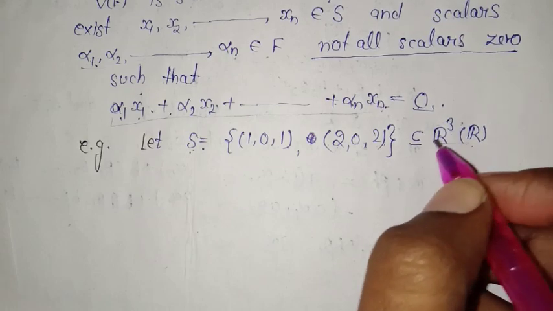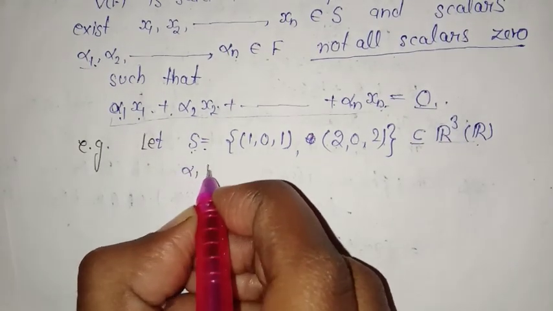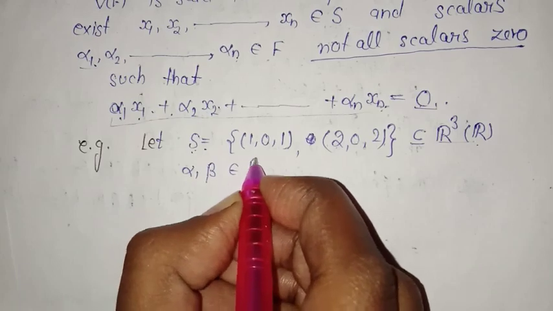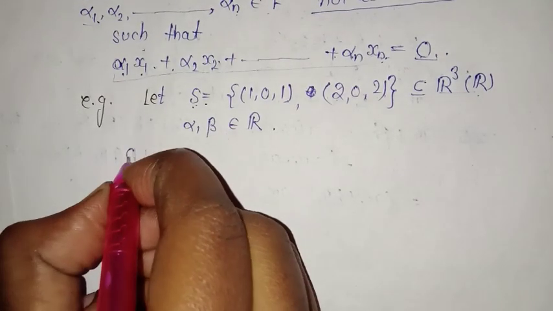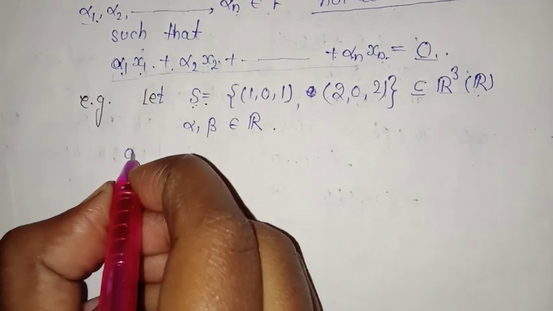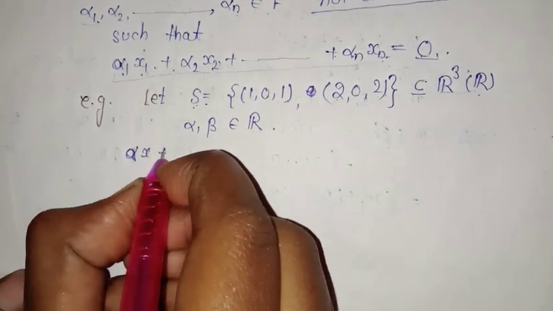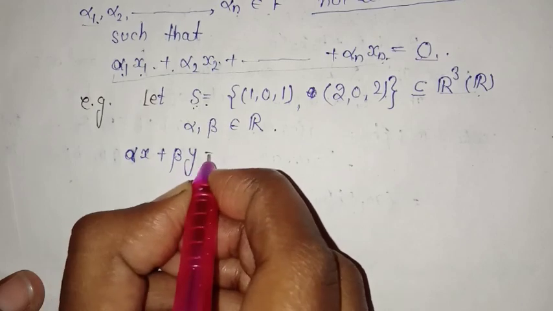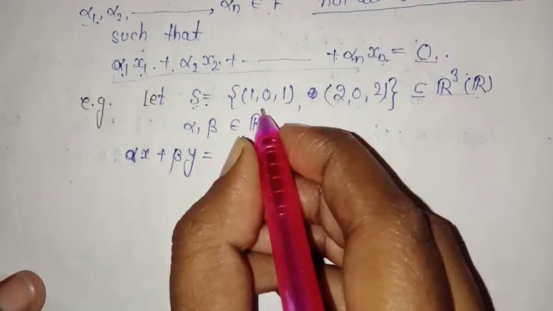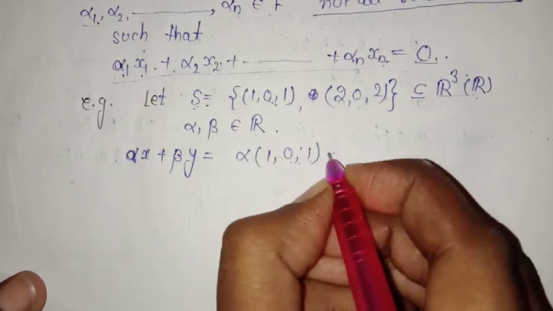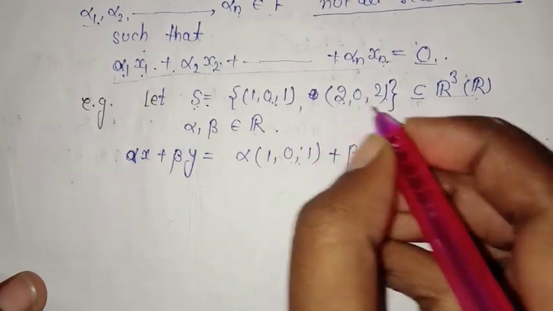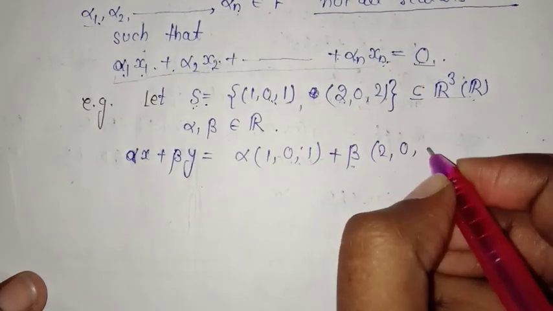Now if I take two scalars alpha, beta belonging to R, then alpha x plus beta y is equal to alpha into the first vector x (1, 0, 1) plus beta into the second vector (2, 0, 2).